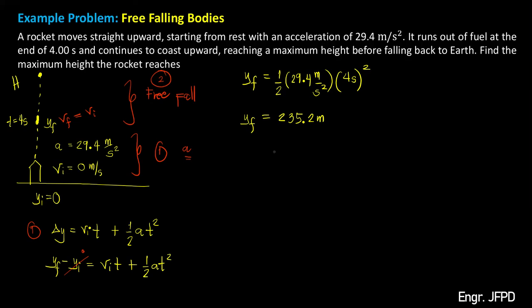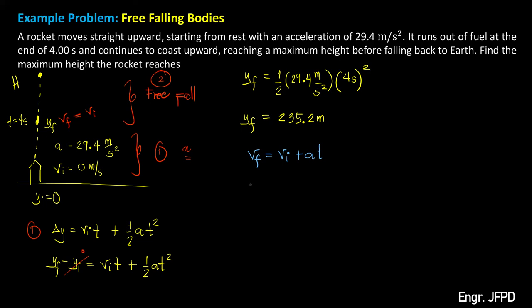To solve for the final velocity, we can use the formula VF is equal to VI plus AT.